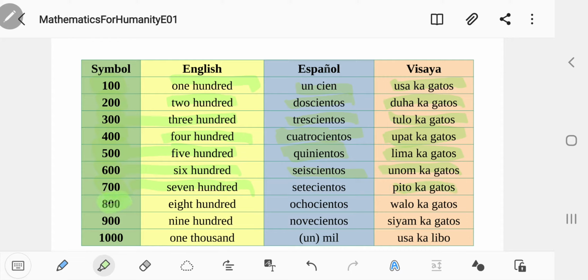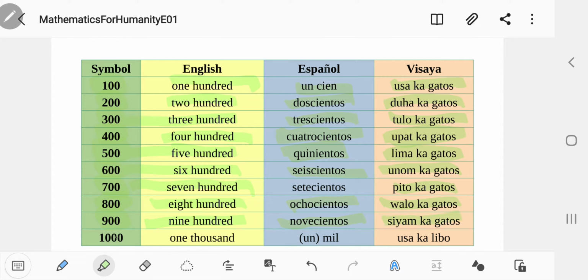You have here 800 in English. In Espanol, 800. Sa Bisaya, 8 ka gatos. You have here the symbol for 900 in English. In Espanol, 900. Sa Bisaya, 9 ka gatos.